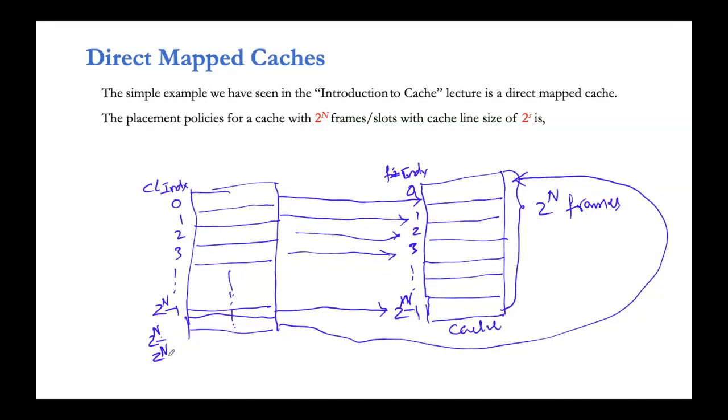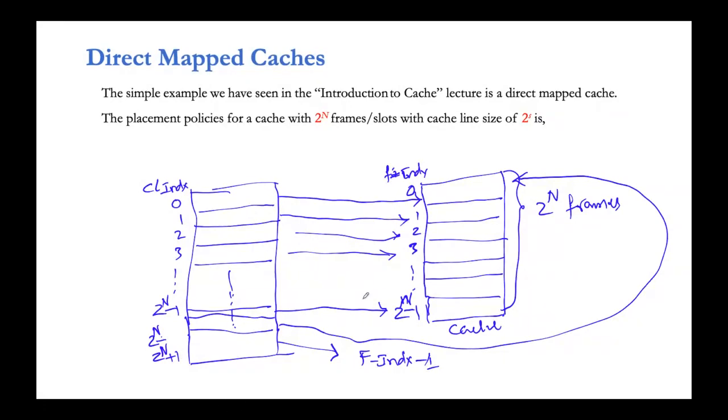Similarly, cache line 2 to the power of n plus 1 will be stored into frame index 1, and so on.